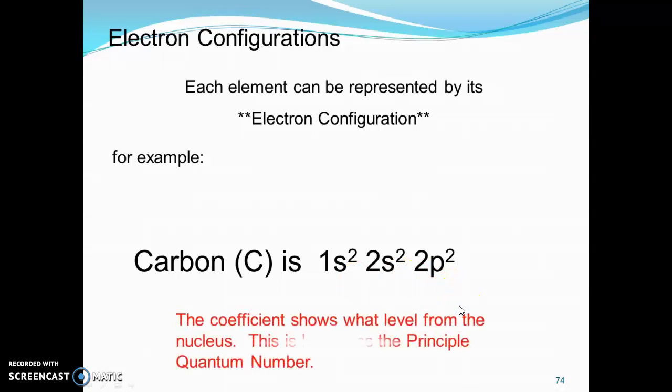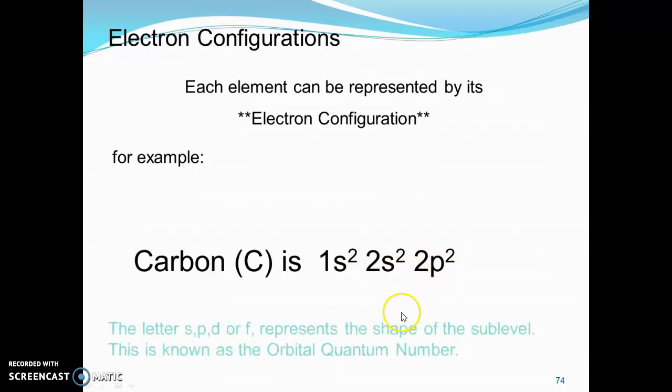So what are these things talking about? The coefficient is talking about the principal quantum number, or the energy level in which those electrons are found. The S, P, D, or F is the orbital shape, and denotes the sublevel within the energy level where those electrons are found.